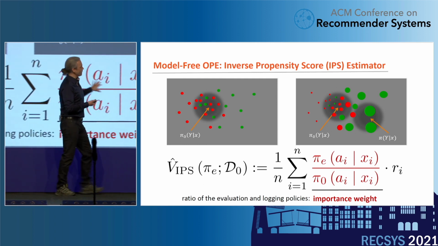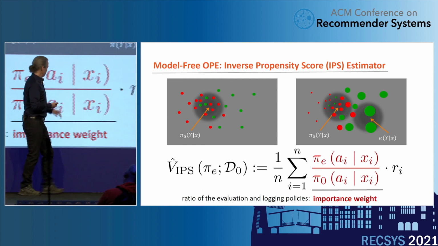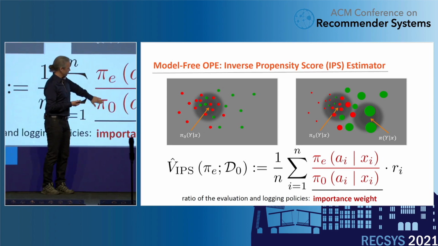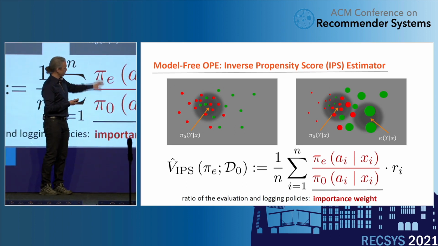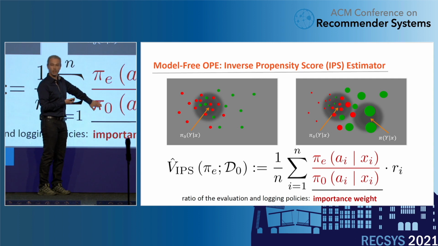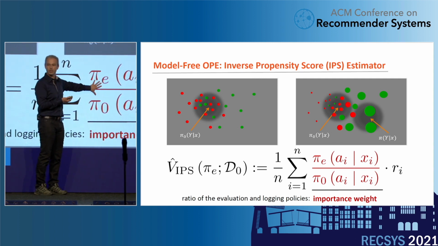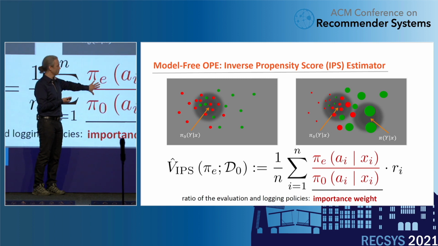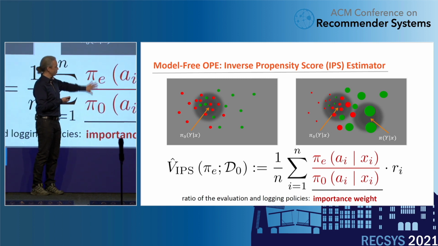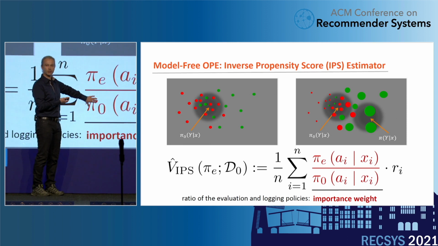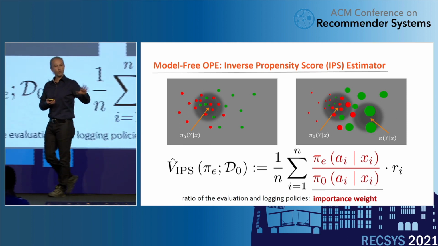And that's the weight that it puts in front of the reward. If these two are the same, right, if we're evaluating pi null with data that come from pi null, this will be just 1, and we have our online A/B test back, right? That's the standard estimator. But if they're different, if they have different probabilities of picking that action, then this importance weight is going to adjust how we weight the rewards.